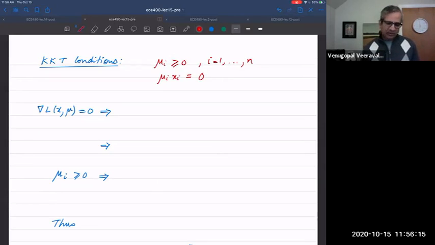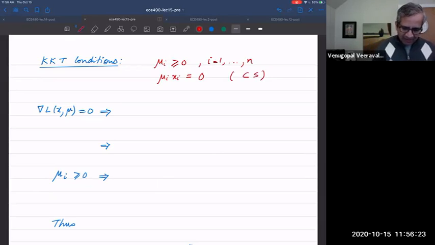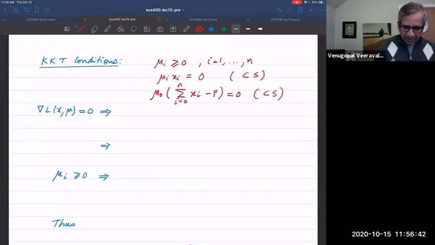Actually, it's mu i times minus xi, but that's the same as saying mu i times xi equals 0. This is the complementary slackness, CS. And there's also a last complementary slackness condition saying that mu 0 times the last function, g0, must equal 0 as well. So complementary slackness.